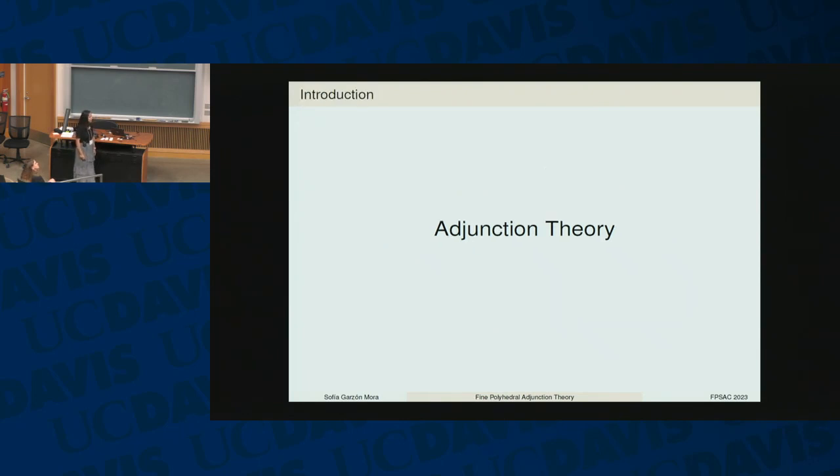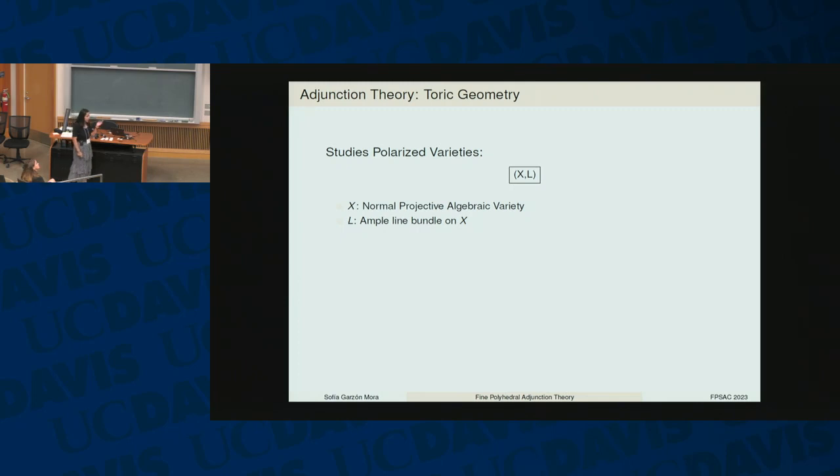So let's go to adjunction theory, and as a sort of introduction, it came originally from toric geometry, where people study pairs (X, L), where X is a normal projective algebraic variety and L is an ample line bundle. But I'm just throwing words here. I'm not going to focus on the toric geometry side of this.